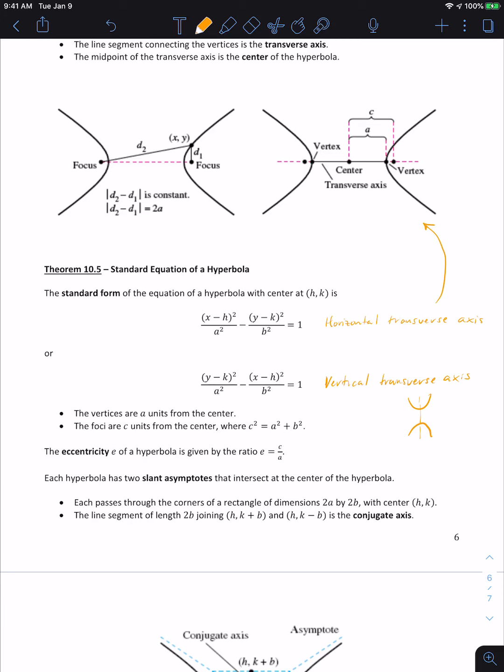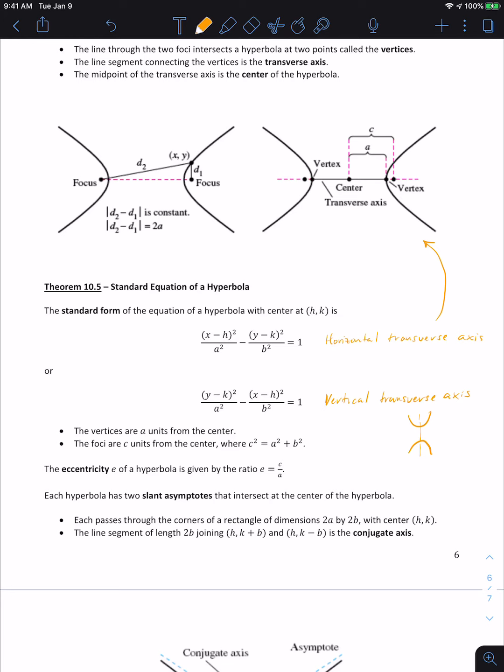For the ellipse, remember, the bigger denominator told us whether it was vertical or horizontal. Here, if it's horizontal, then I know that the x has a positive coefficient and the y has a negative. But if it's a vertical one, then the y has a positive and the x has the negative. So that's how you tell the difference in this case.